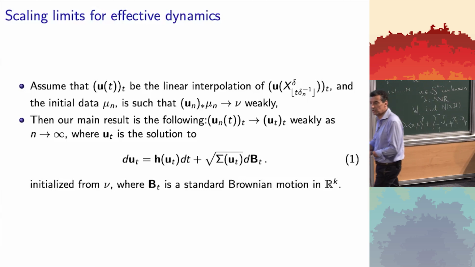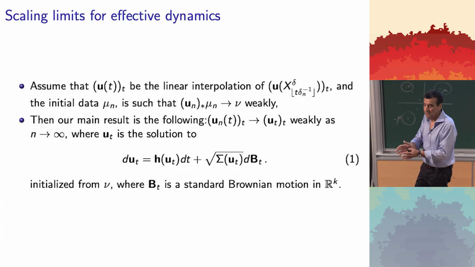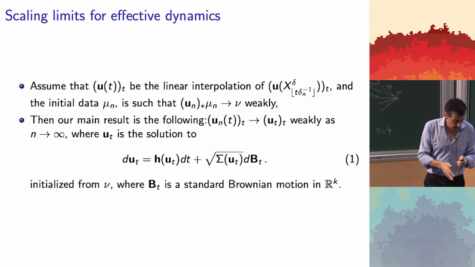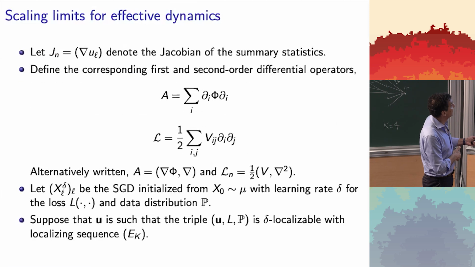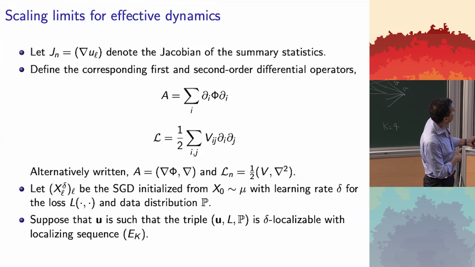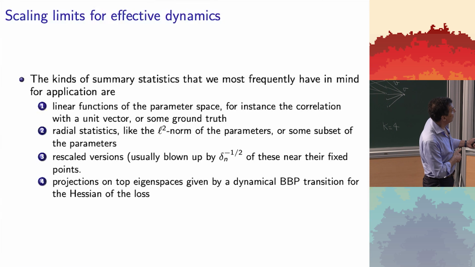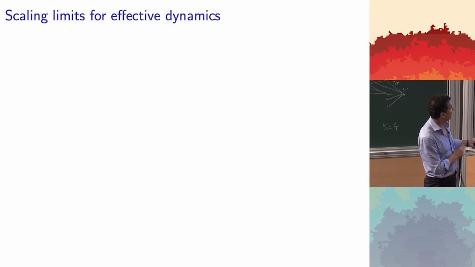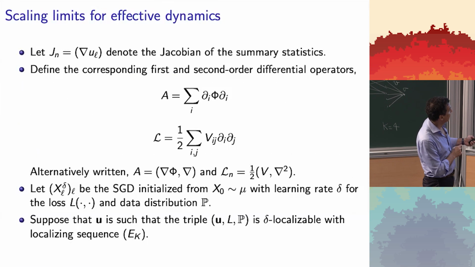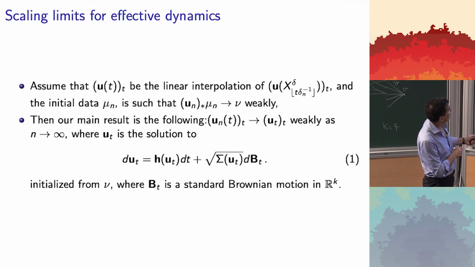If you have this condition of localizability, which means delta small enough, okay, and if... where was that? Oh, I didn't give you where h and sigma are. They are, of course, obtained from these two operators that I call A and L. Okay, I'll come back to that because it's needed.